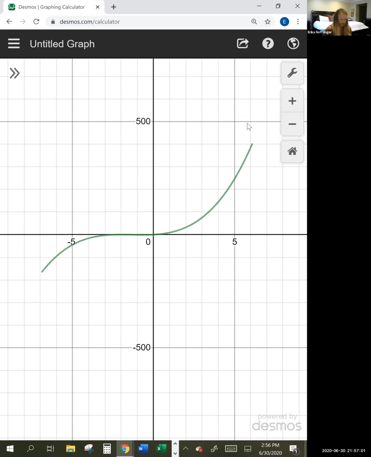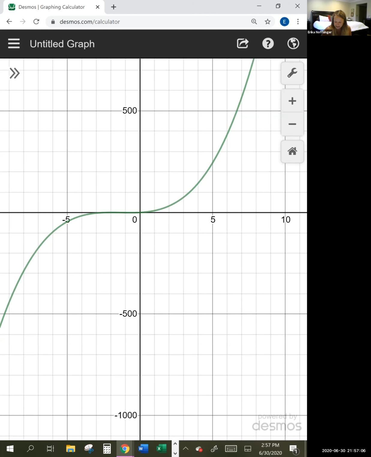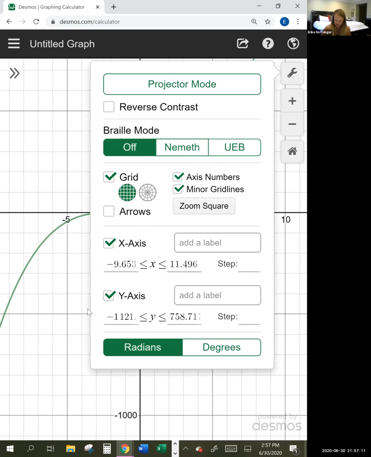So we can see we got that general shape. My y values too, if I change my y values, that's going to help me, so let's do that real quick.